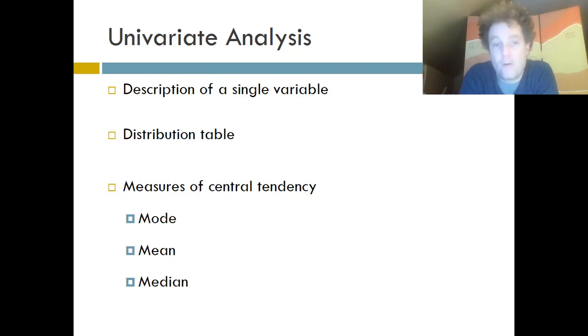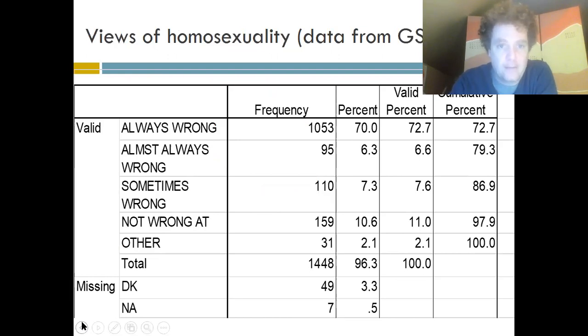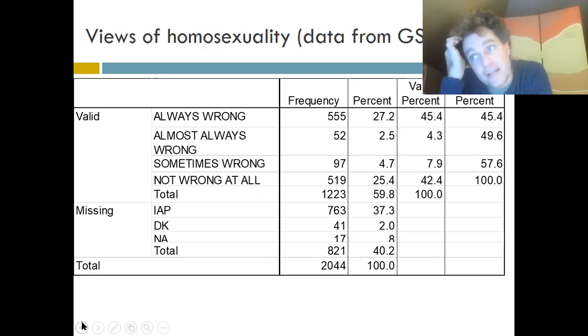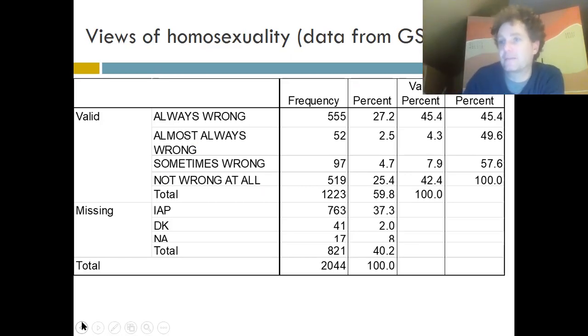So we can return briefly to this distribution table. The mode would be always wrong. It's the answer that has the highest response rate, the highest valid percent. So the mode is the answer that is the most frequent.